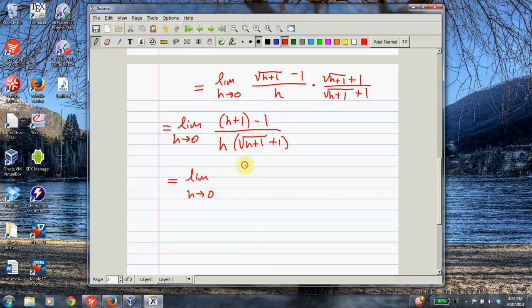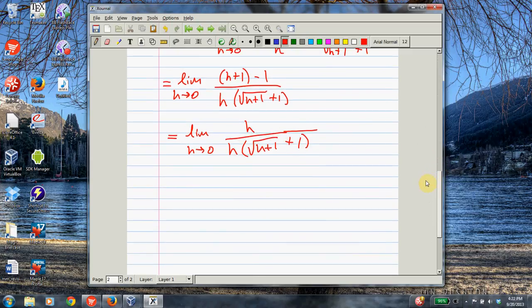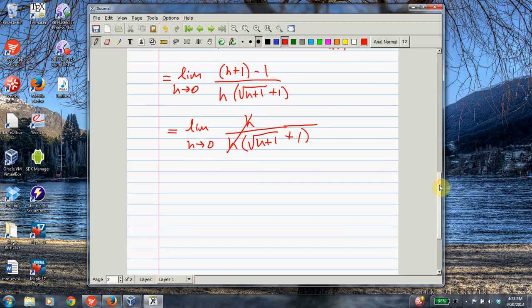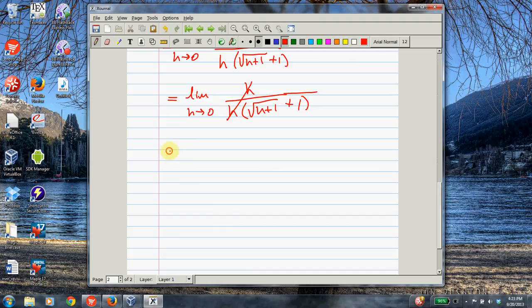The 1's cancel. You can probably tell from my voice I've kind of checked out at this point, so we're just doing algebraic work. There's a miracle that always happens, which is that everything that doesn't have a factor of h cancels out on top, and then you can strike them out like this. After you make that cancellation, it becomes possible to plug in, and that happens every single time.